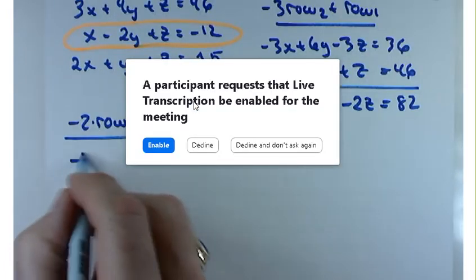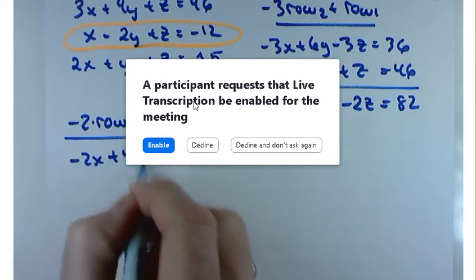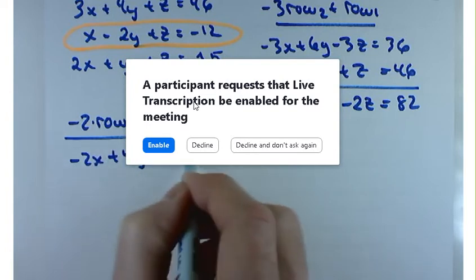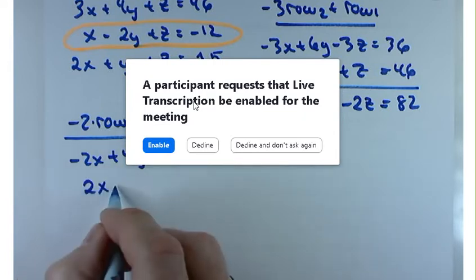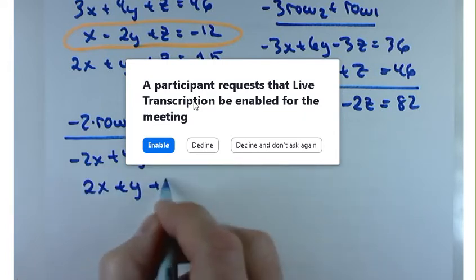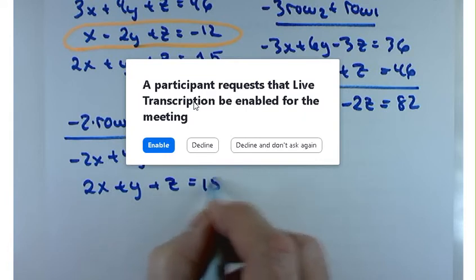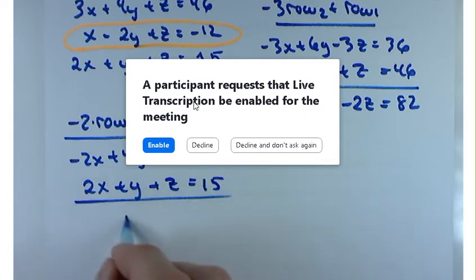That's going to give me negative 2x plus 4y minus 2z equals 24. Add that to 2x plus y plus z equals 15. And I end up with 5y minus z equals 39.